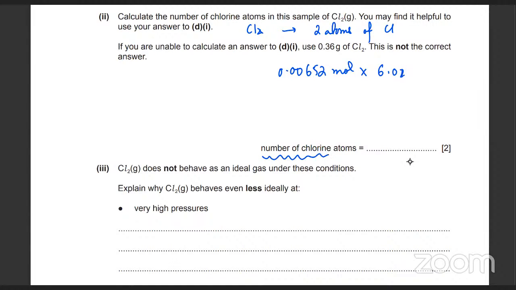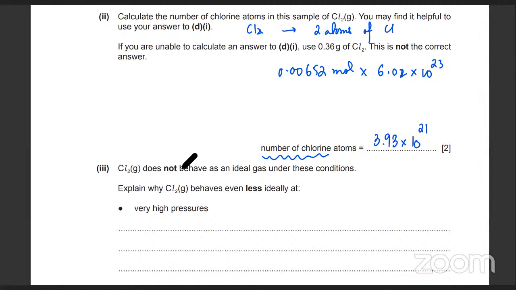So multiplied by the Avogadro's constant, which is 6.02 × 10^23, I get 3.93 × 10^21, I think.